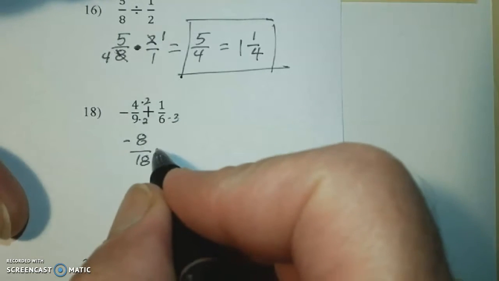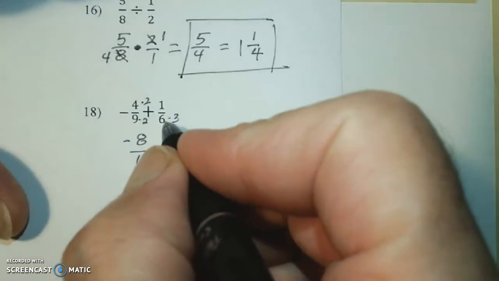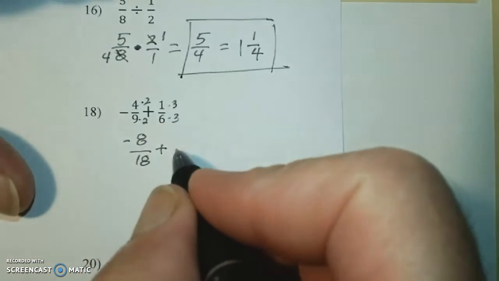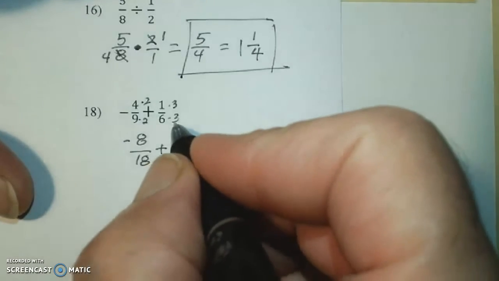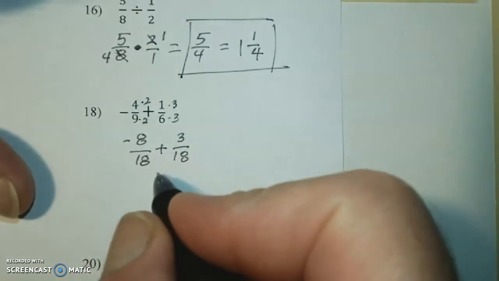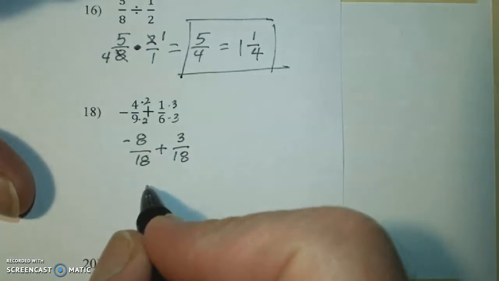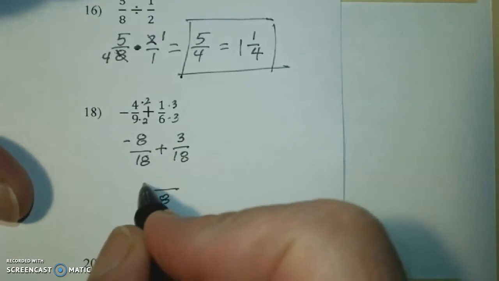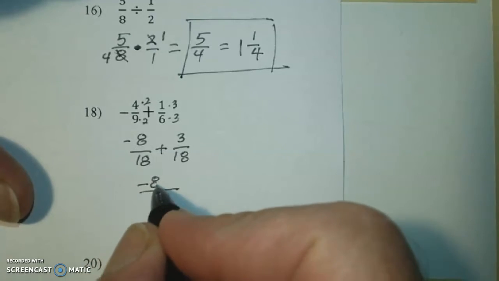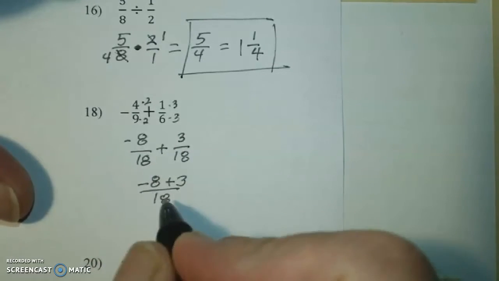So that is -8/18 plus, times 3. You'd have to multiply the 1 times 3. So the denominator will become 18. 3 times 1 is 3. Put it over one denominator. Then look at it and think about your integer rules. So this is -8 plus 3.